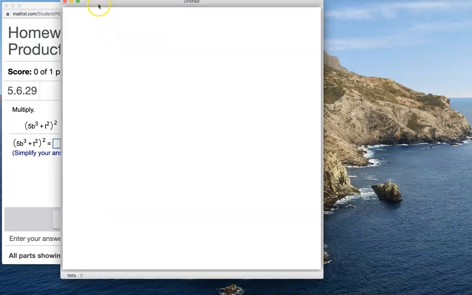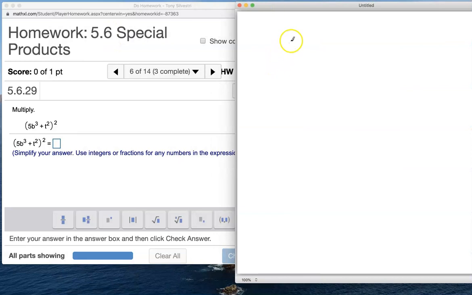Okay. This is what I got. You know what? That bundle, this is the bundle, it's being squared, so I have to multiply it out like this.